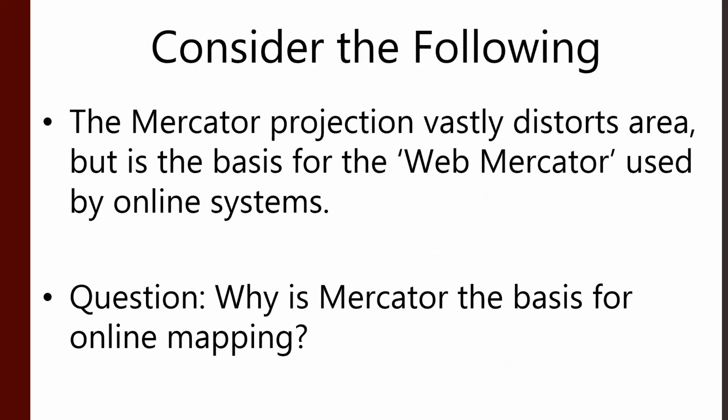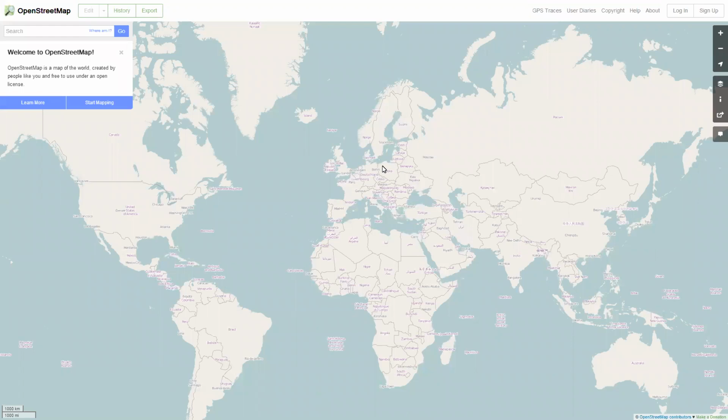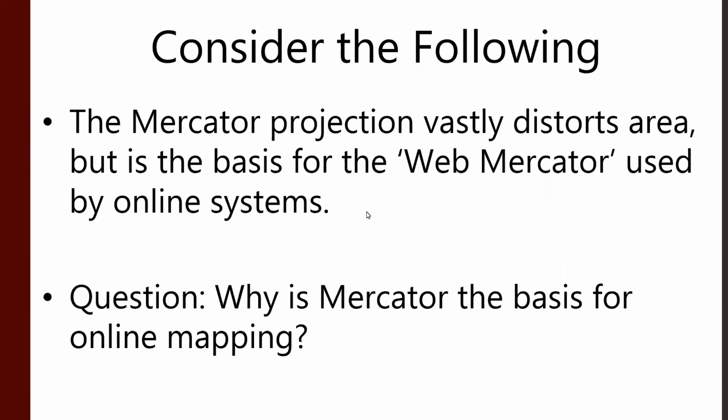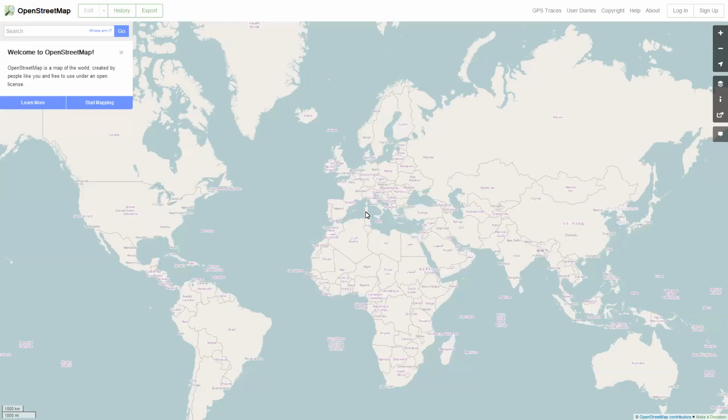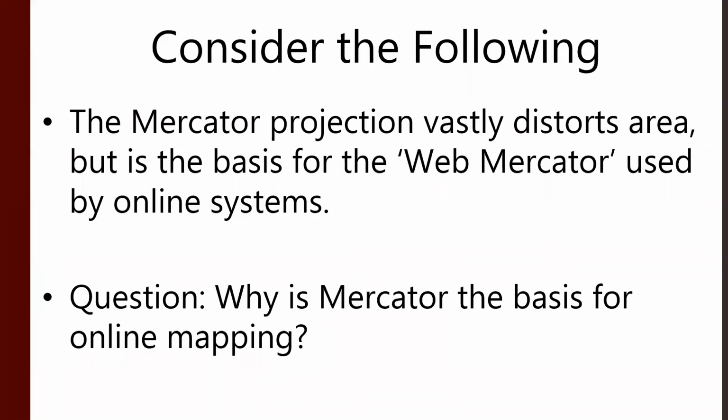And this actually brings up an interesting question, because the map that maybe we are the most familiar with, digitally at least, isn't ArcGIS most likely. It's probably Google Maps or OpenStreetMap. Bing, I don't know if anyone uses that. But all of these systems, here's OpenStreetMap, are based on Web Mercator. Take the Mercator and put it in your computer and you get Web Mercator. There's an open question for you to think about and consider for a bit.